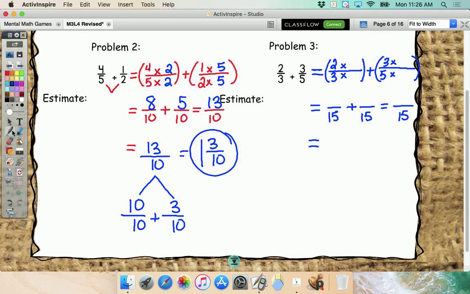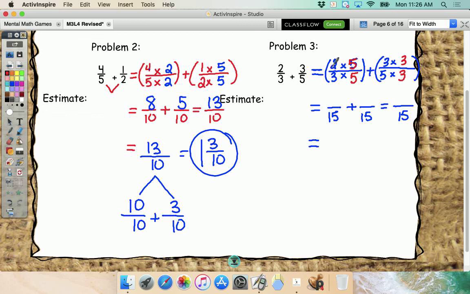So how about table 2? What am I multiplying 2/3 by? 5. Oh, I forgot to change it. There we go. And table 4, what am I multiplying 3/5 by? 3.